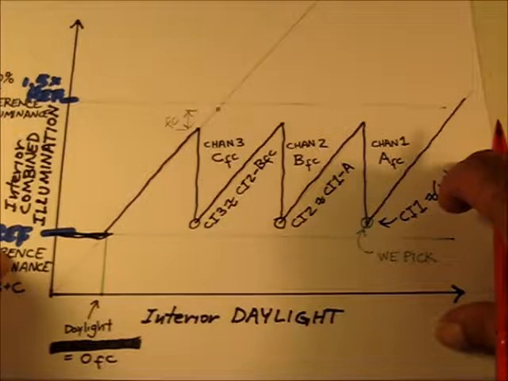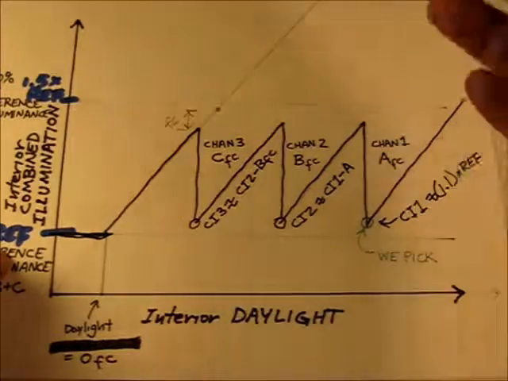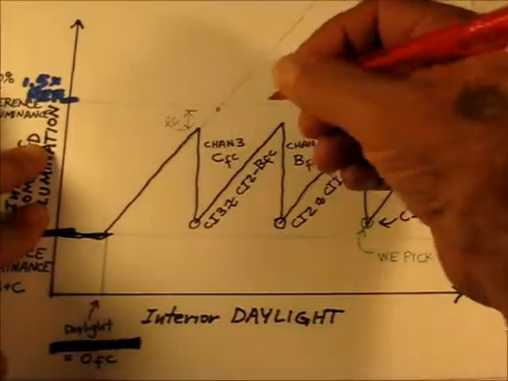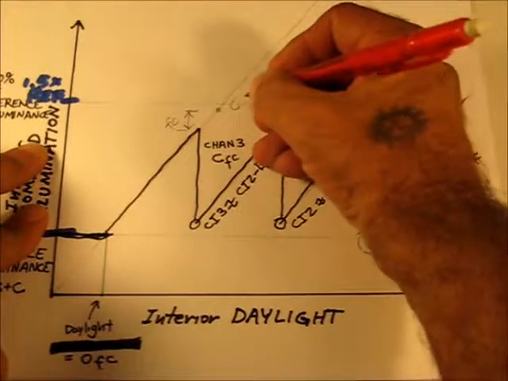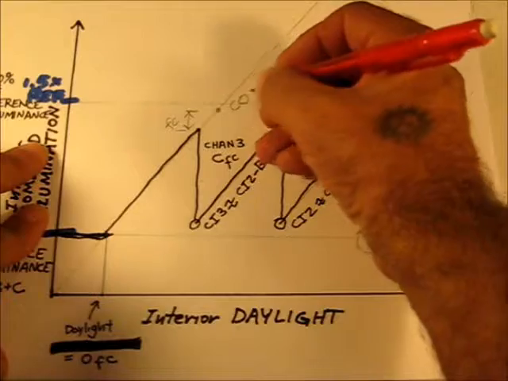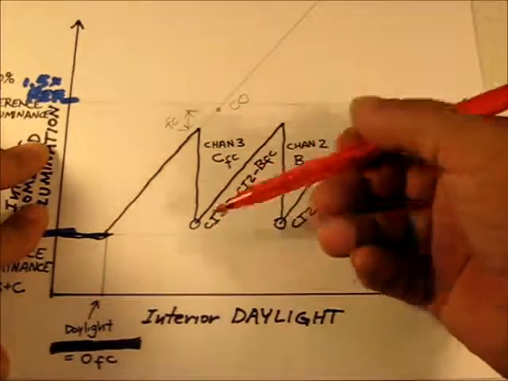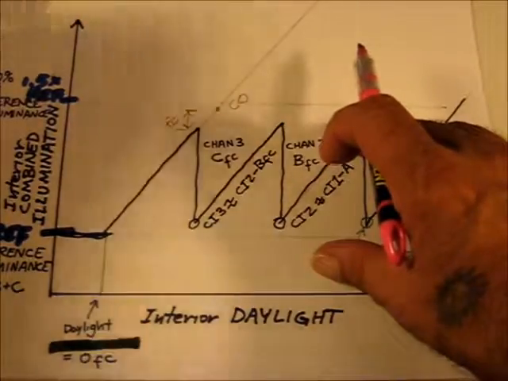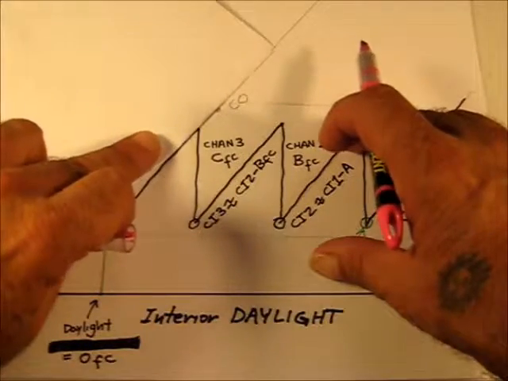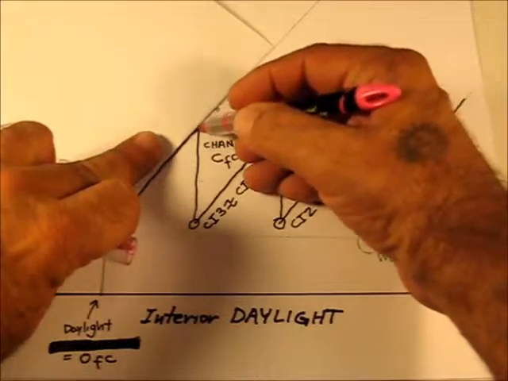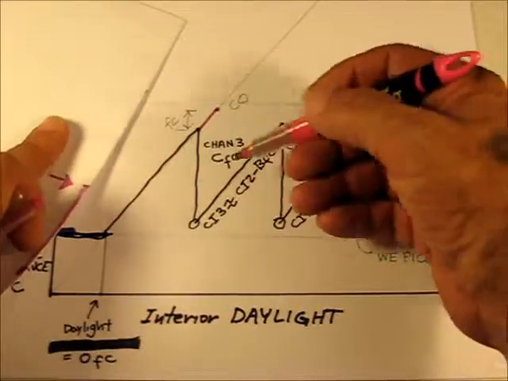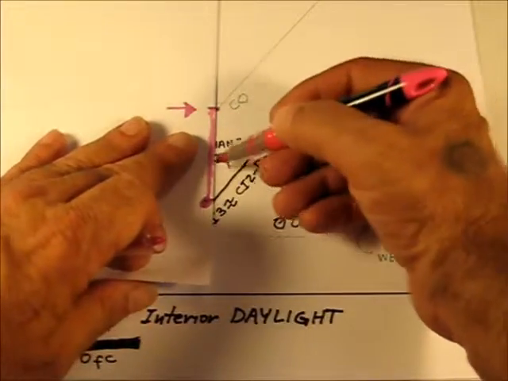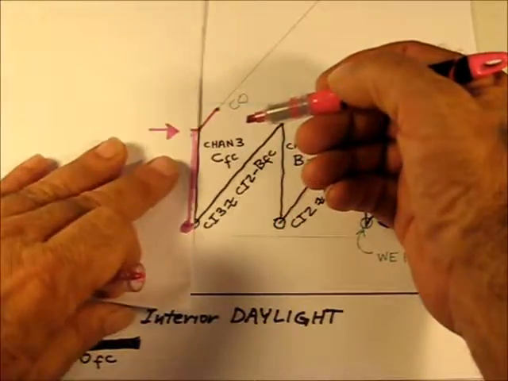So when we go to do our combined illumination in the space graph for cut out versus cut in, it's going to be different. It's going to be different because it's going to come up some. In this case, this will drop by C. Whoa.